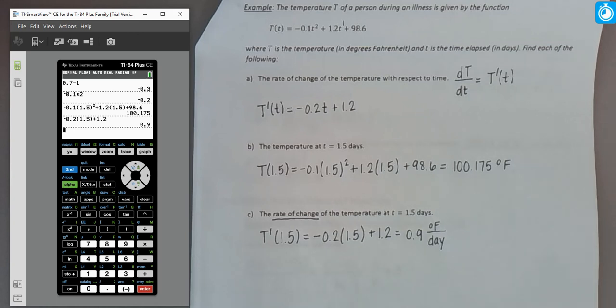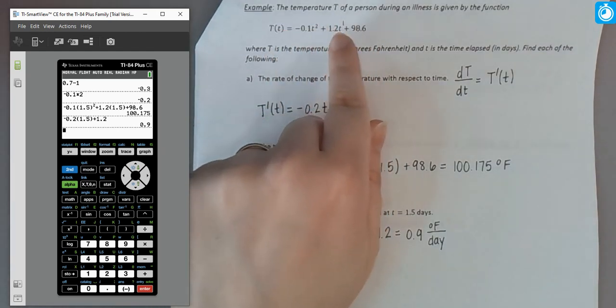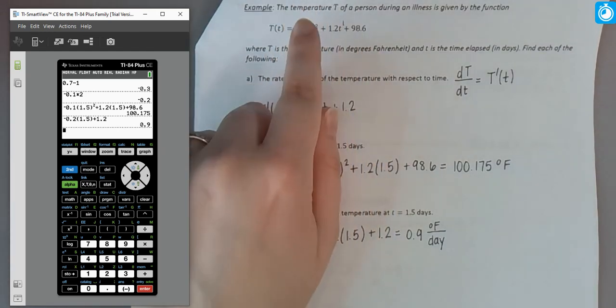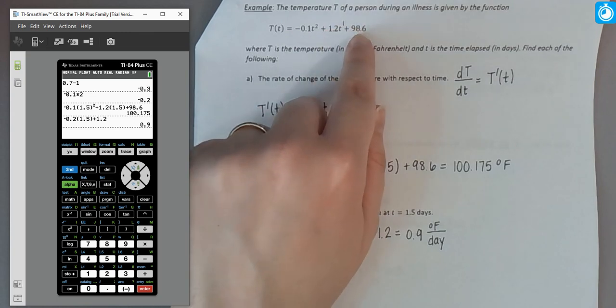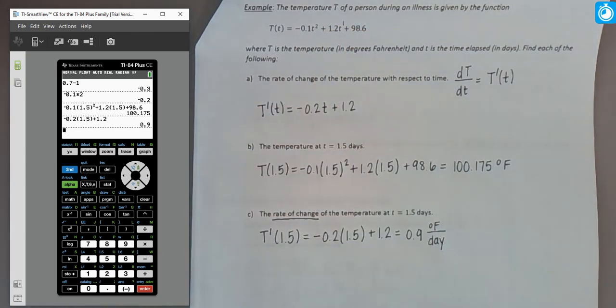We also talked about the constant times the derivative rule, which essentially says if you've got a coefficient on your function, don't worry about that, just factor it into the derivative after you differentiate the rest of the function. And then we also talked about the sum and difference rules, which are going to allow us to differentiate term by term. So in a function like this that has more than one term, 3 terms added together, we can take the derivative of each individual term one at a time.